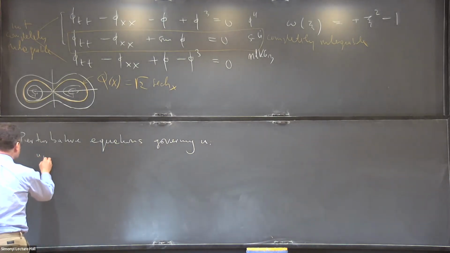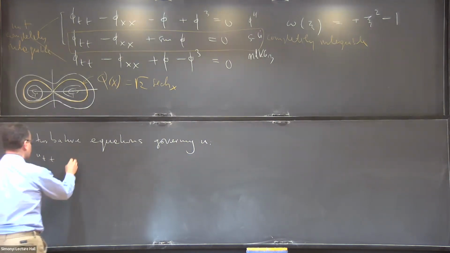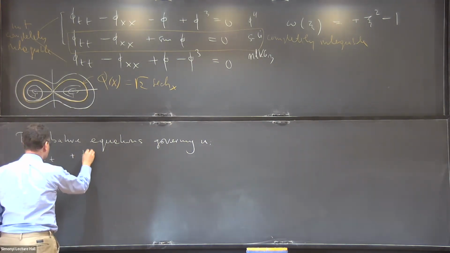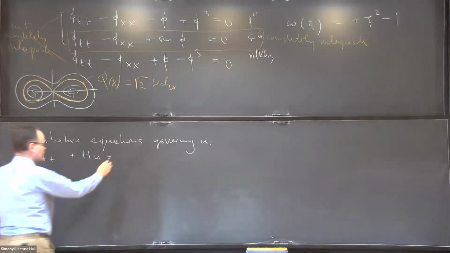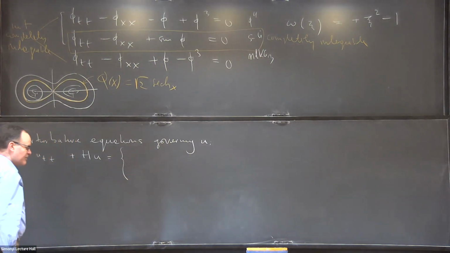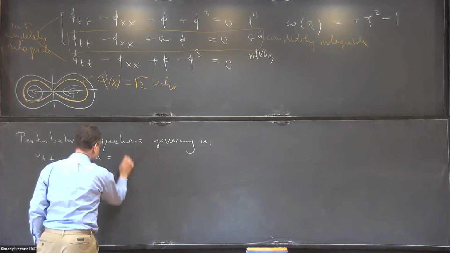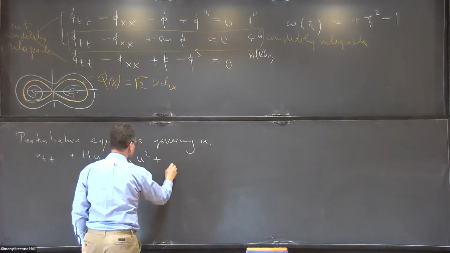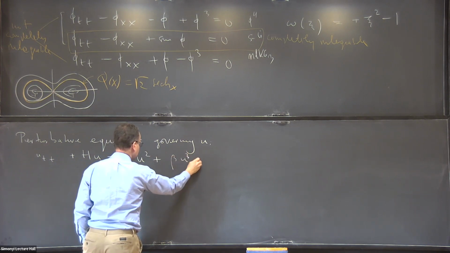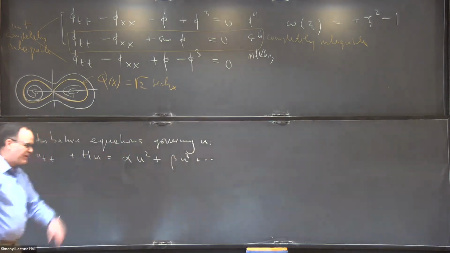We have u_tt plus Hu, so this will be the linearized operator. And then we have a collection of nonlinearities which take the form quadratic plus cubic and possibly higher orders.